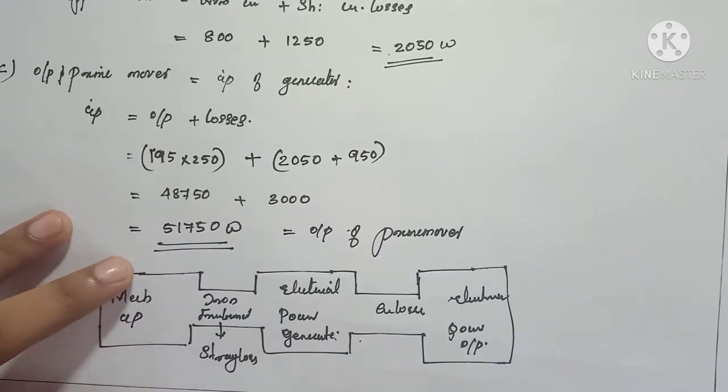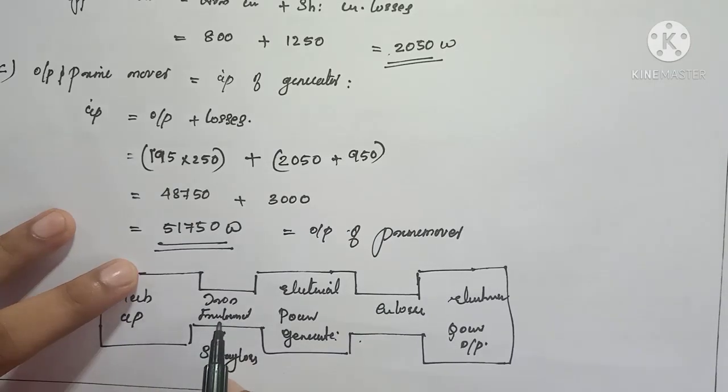And some losses will occur here, that is iron and frictional losses.